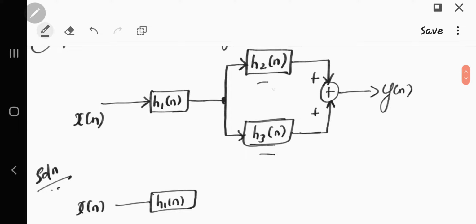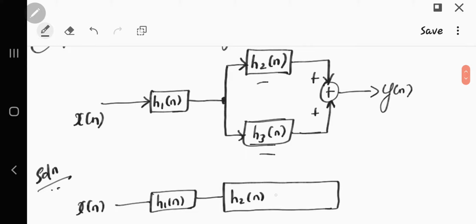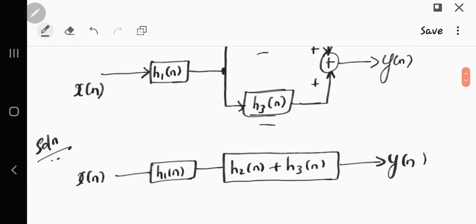That means this will be h2 of n plus h3 of n, because they are connected in parallel. So we are applying the parallel connection property here.